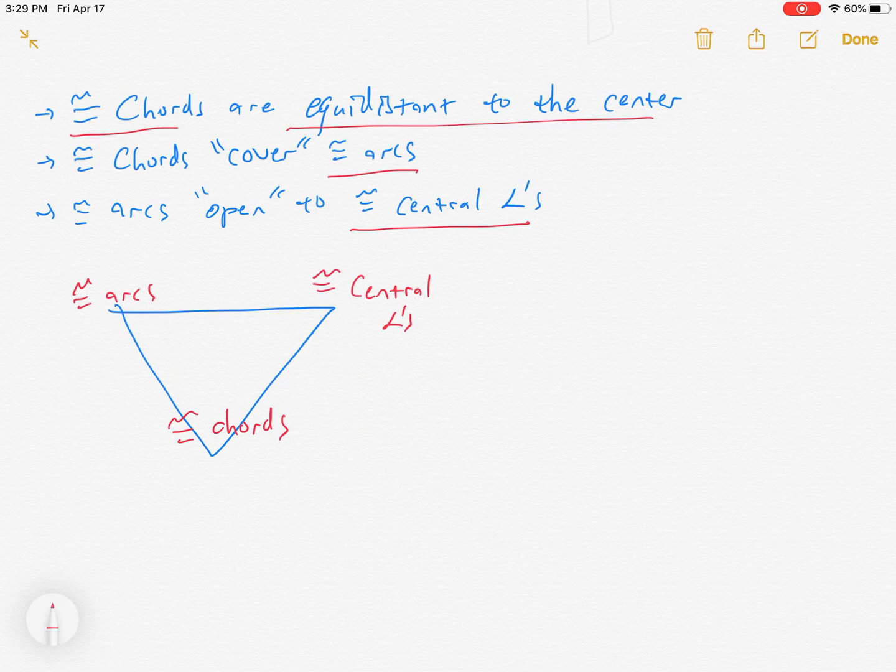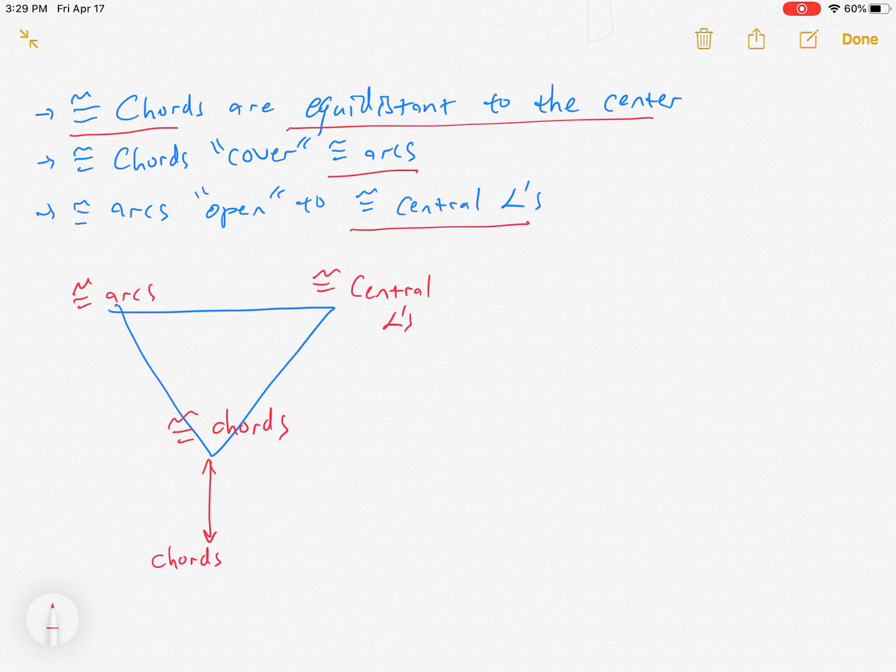And if you have one of them, you have all three. If your arcs are congruent, then those chords they cover are congruent. If your arcs are congruent, the central angles they open up to are congruent. If the central angle is congruent, then it opens up to congruent chords. They're all the same.